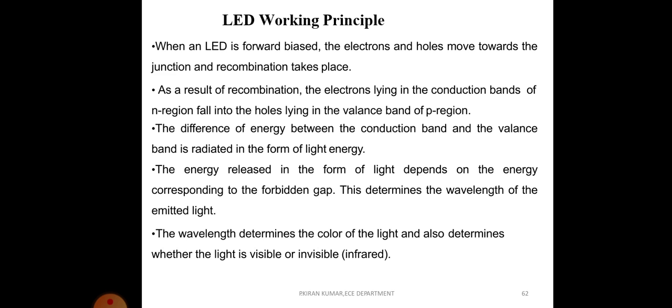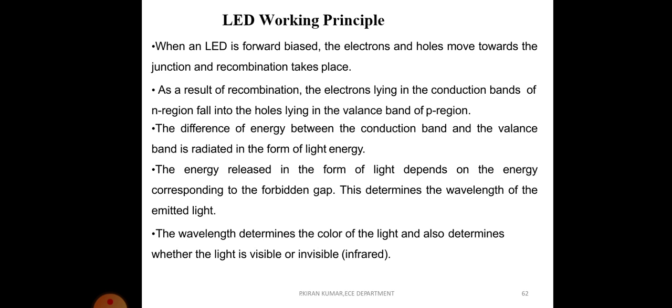Based on that equation, the LED will glow. The difference of energy between the conduction band and valence band is released in the form of light energy. The energy released depends on the energy corresponding to the forbidden gap.